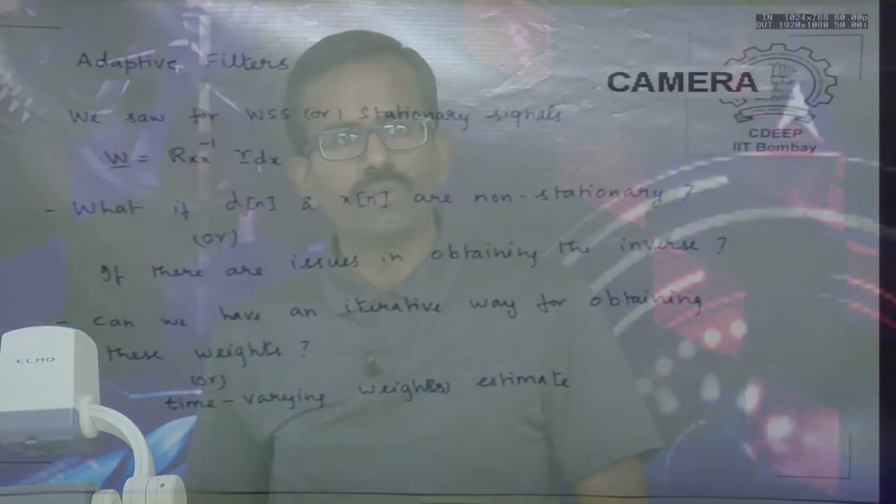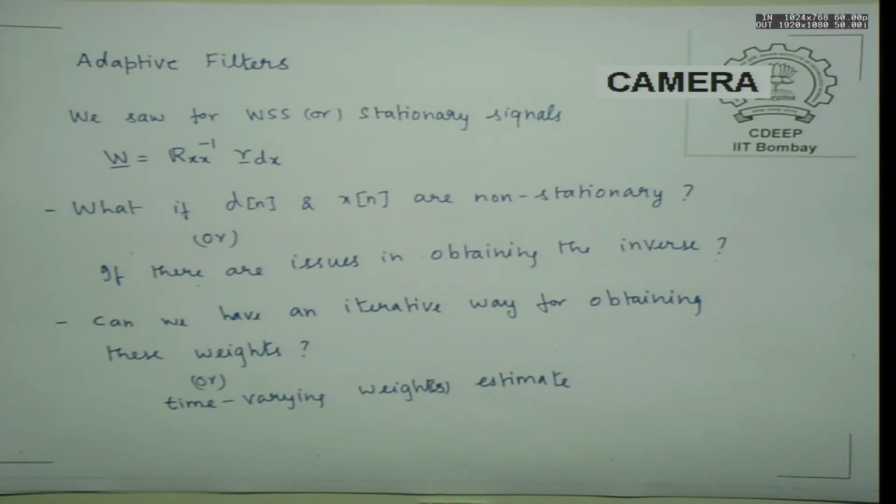So we will see a little more about what happens when there are variations, or if instead of having a time invariant system, we have a time varying system, how do we go about handling this, right. That is what we start looking at today, and that leads us to this notion of what we refer to as adaptive filters or adaptive filtering.